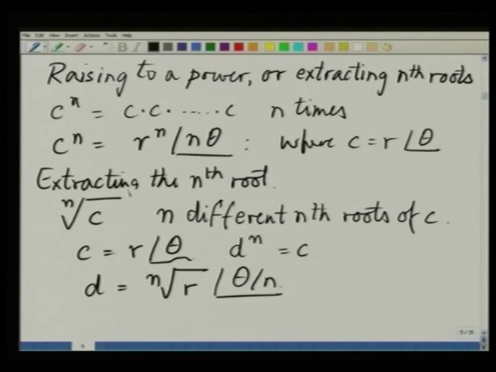But then what about the nth root of r? In this case we will only choose the positive number.